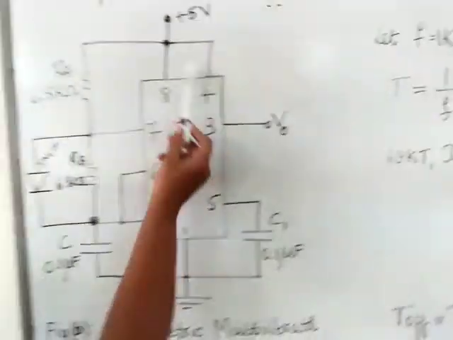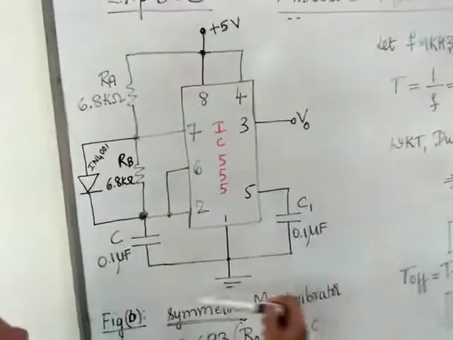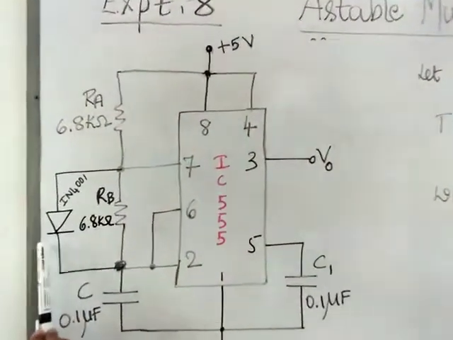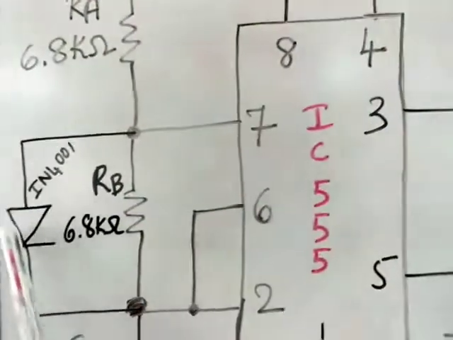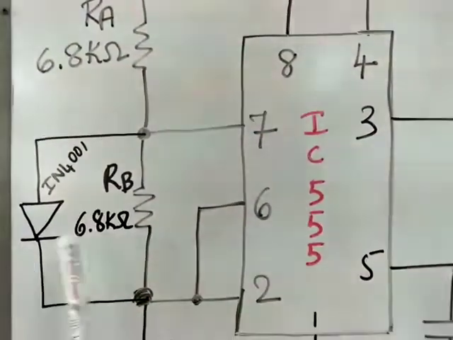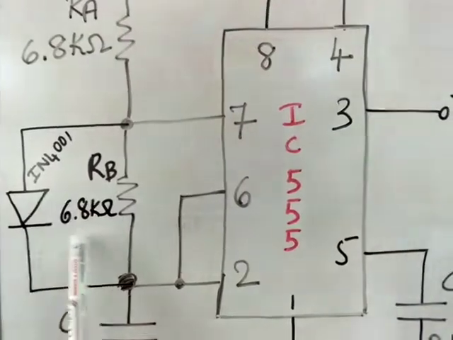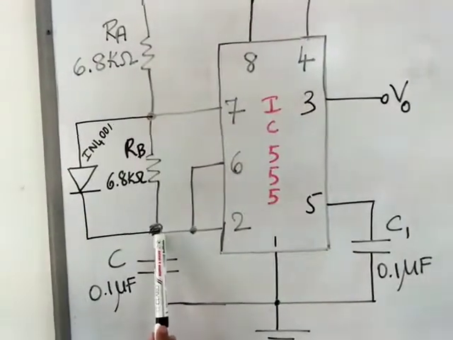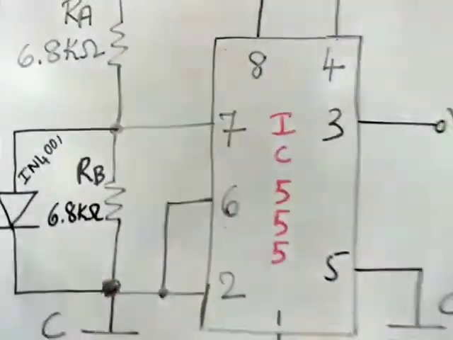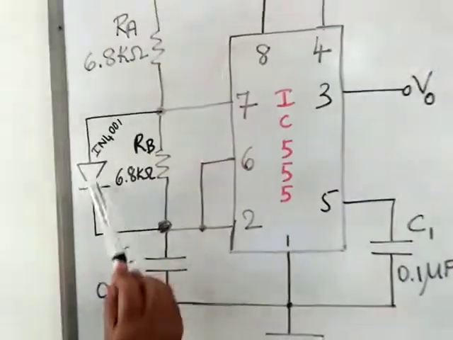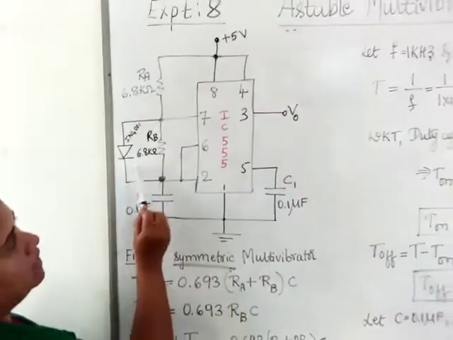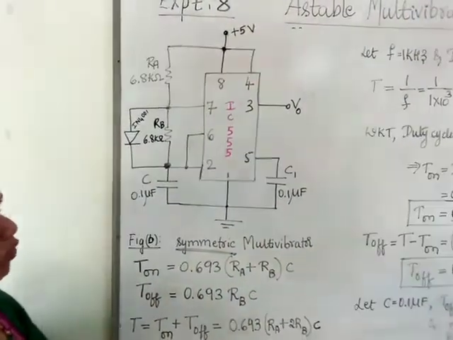Here the circuit diagram is similar to the asymmetric multivibrator. The only change is that a diode is connected in parallel to RB. The diode is connected in order to achieve the stable output, in parallel against RB, that is 6.8 kilo ohm.